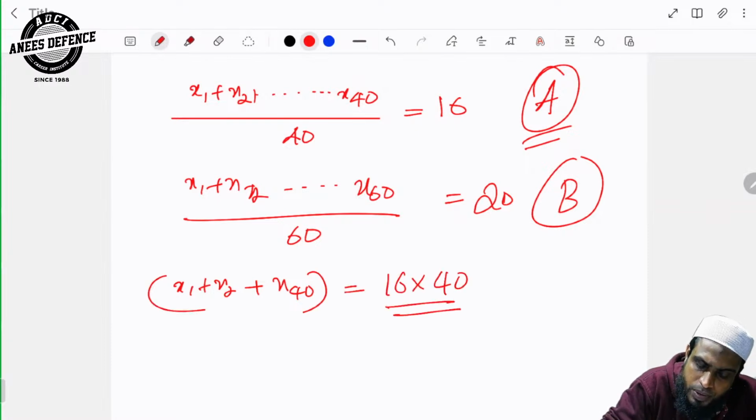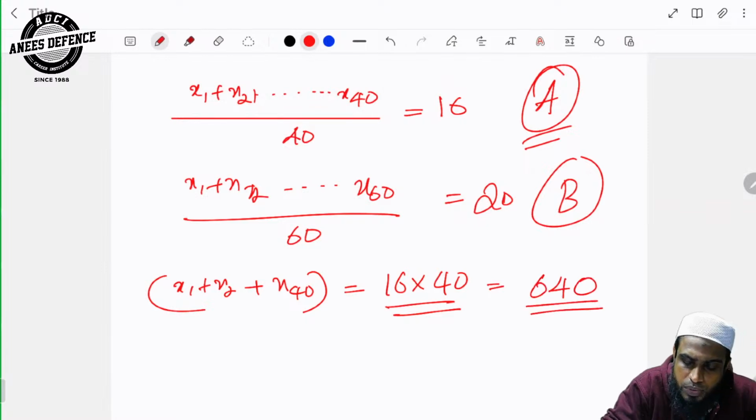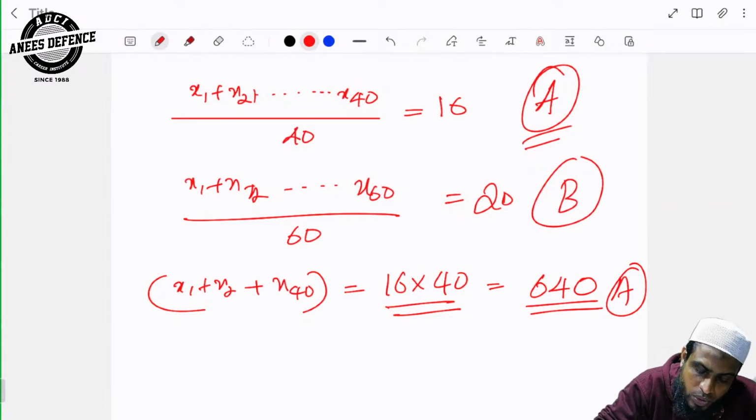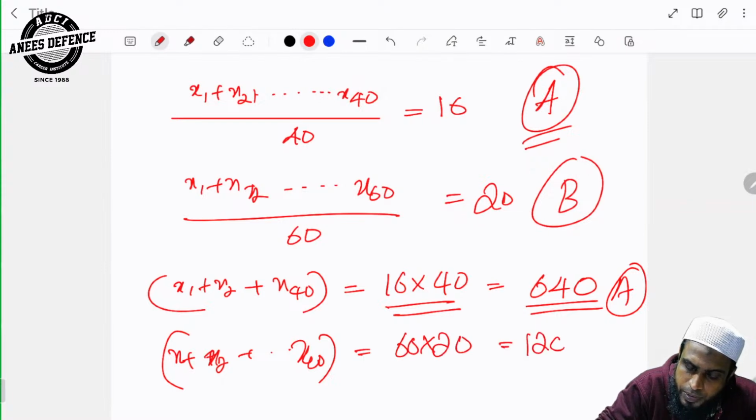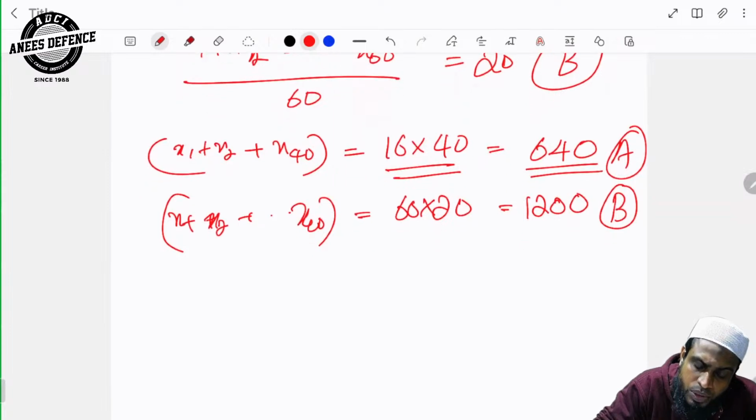So this will be the total age of class A: 40 times 16, 640. The total age of 60 students of class B will be 60 times 20.